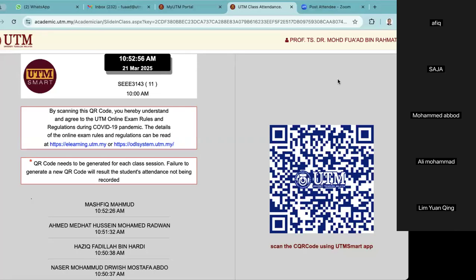Yes. Can you see? Section 11. Can you scan? Okay, have fun.